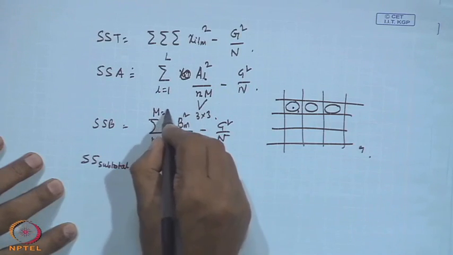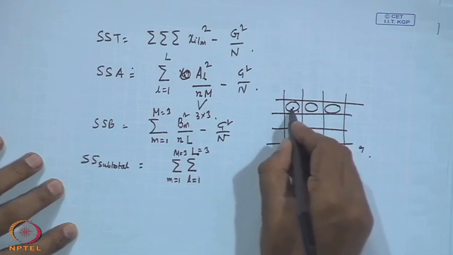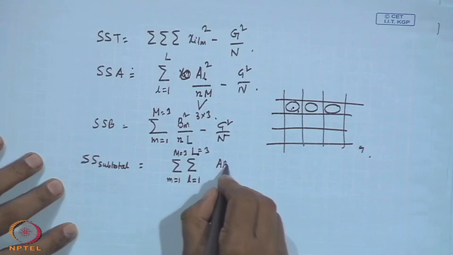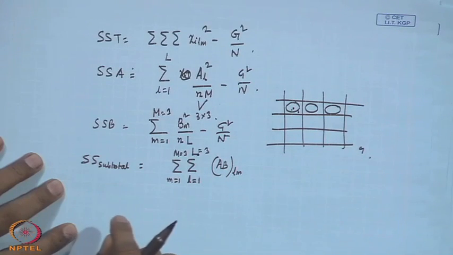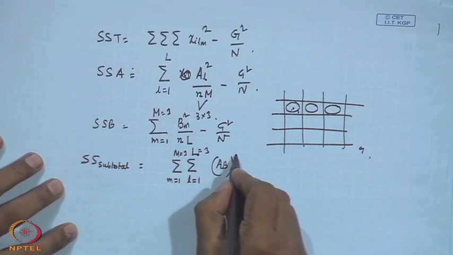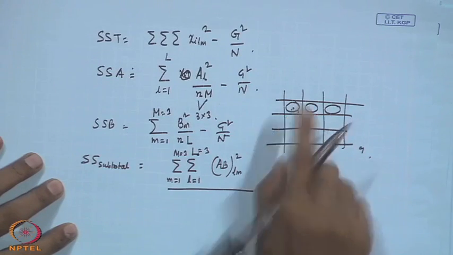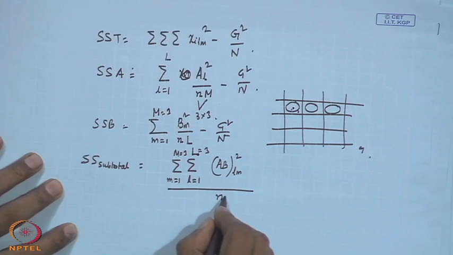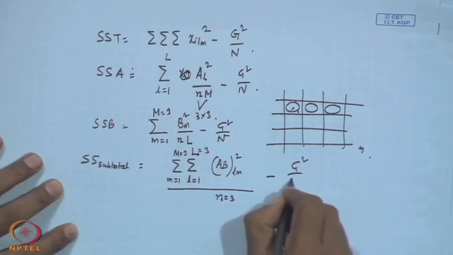These sums we have given the name AB_LM. This is squared, and it is basically an addition of 3 values, so divided by n, which is 3, minus G square by n.